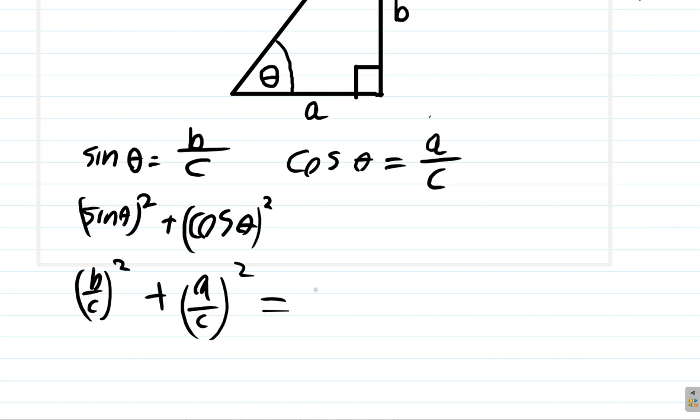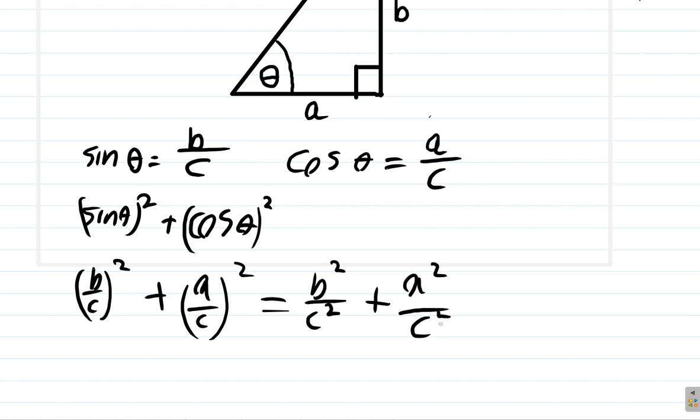Now, that now is equal to what? This would be b squared over c squared. Remember, you can separate the numbers that are divided and square each of them individually. Alright? So, it's b squared over c squared plus a squared over c squared.